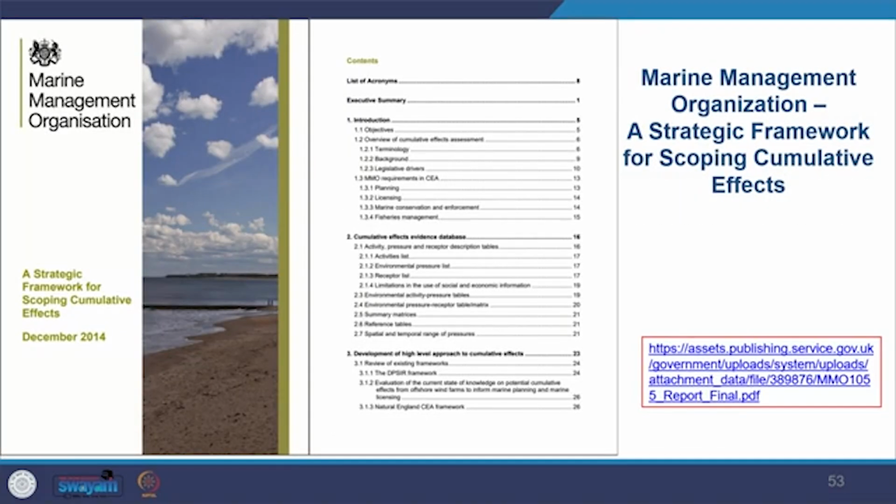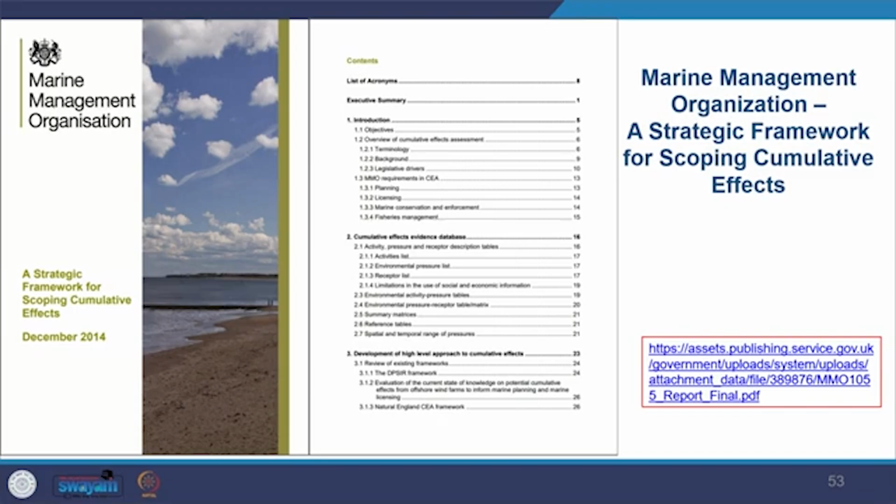You can see another guideline which is by the Marine Management Organisation. I have given you the link here, which gives you a framework for how to undertake scoping to identify cumulative effects.